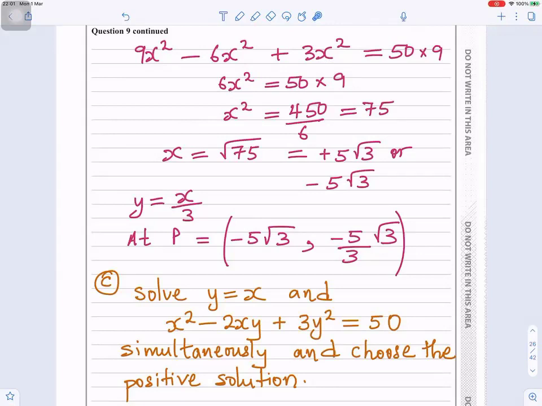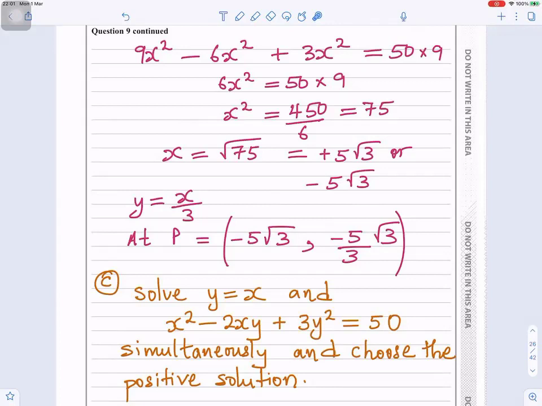So x squared would be 75, and x will be square root of 75, which is plus or minus 5 root 3. Now y is x over 3. So at P, you have minus 5 root 3 and minus 5 root 3 over 3 for y. So that's your x and that's your y.